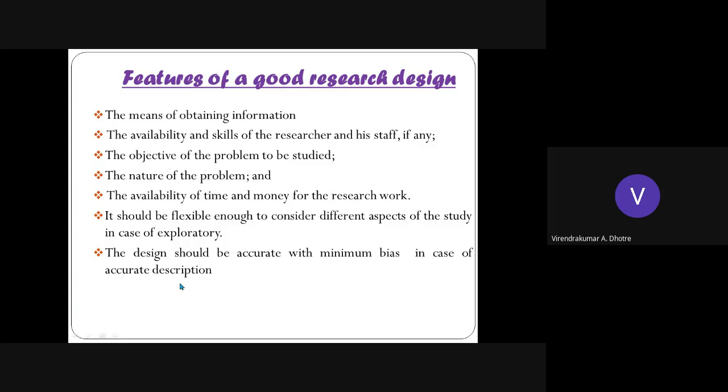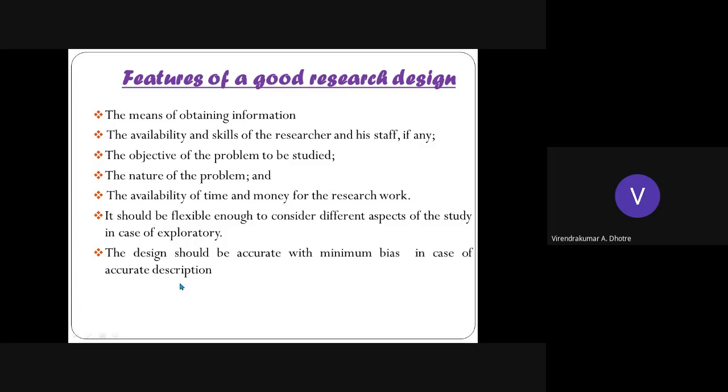Research design should have enough flexibility so that it can consider different aspects of the study when exploratory research is implemented. So it should have the capability to be flexible enough.